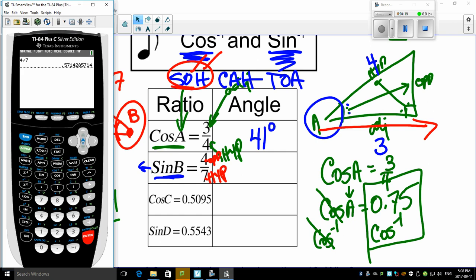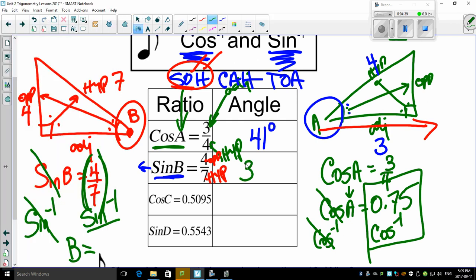So bringing up my calculator, clearing it again, we do the inverse sine, there it is, of 4 divided by 7. Just close the bracket. You don't have to convert this into a decimal every time. They give you a fraction, use it. Answer is 34.8 degrees. So 35 degrees is approximately the right degrees.